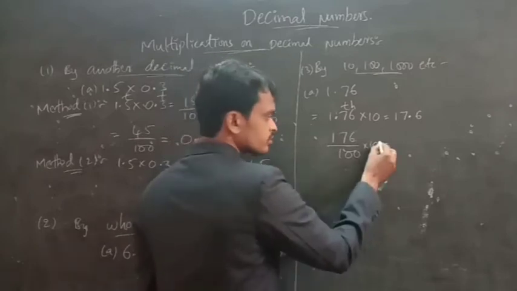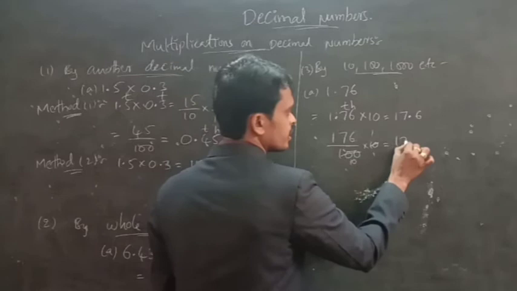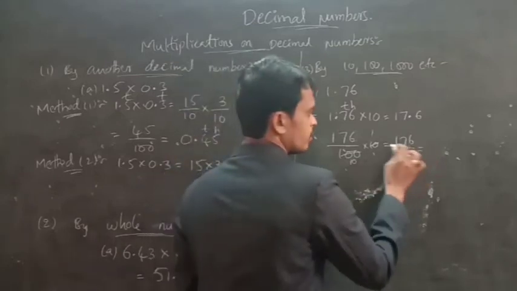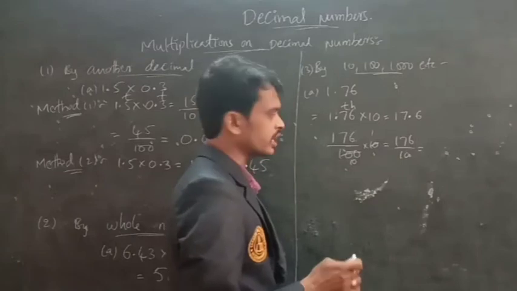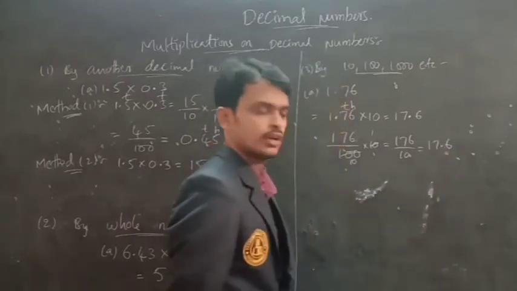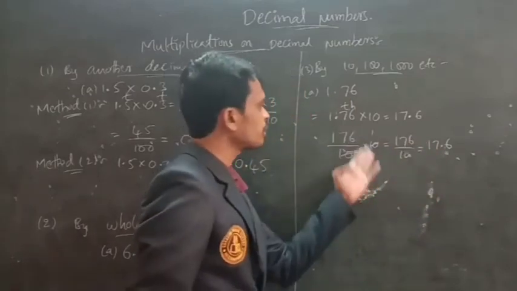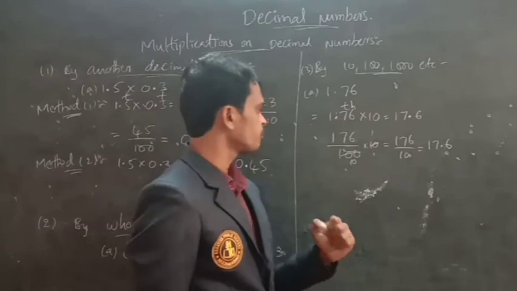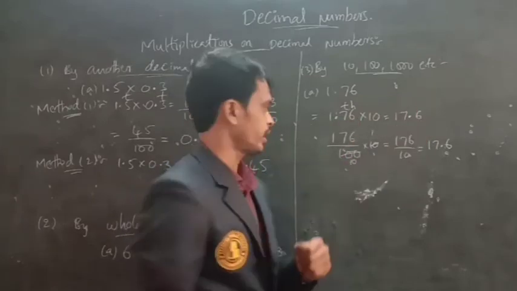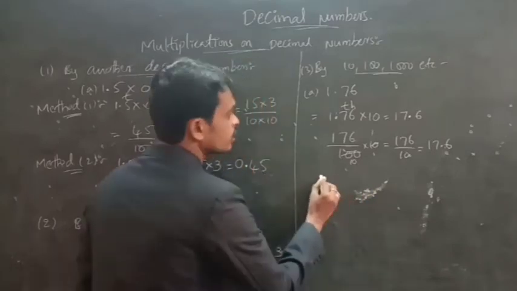Let us cancel: 10 ones are 10, 10 tens are 100. Then 176 by 10, and tenths means we keep one number after the point. The answer will be the same, so we can do it both ways. We can multiply directly, or by converting to fractions. This way is very easy for you.